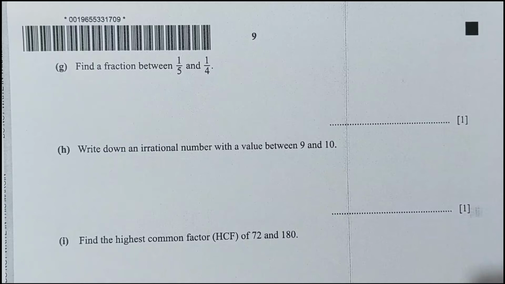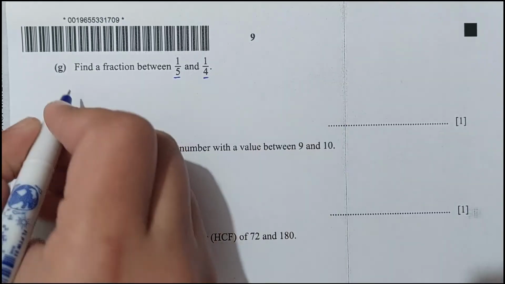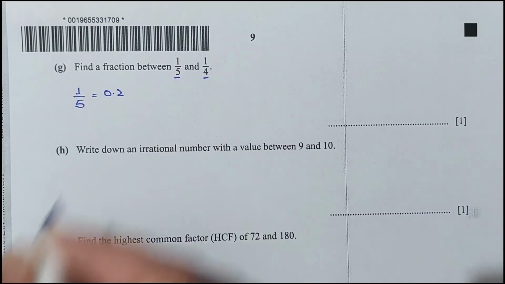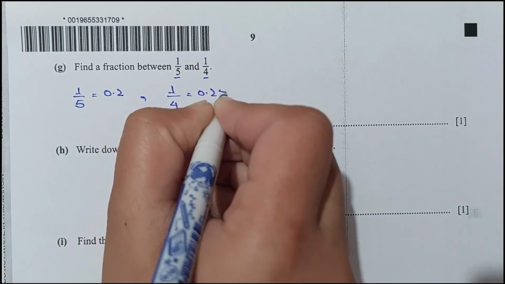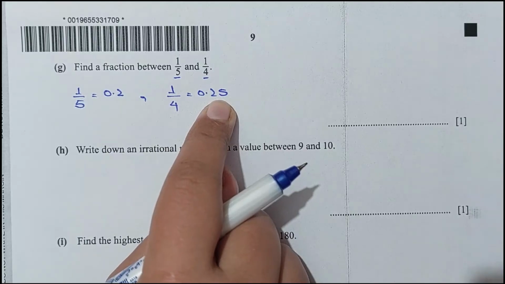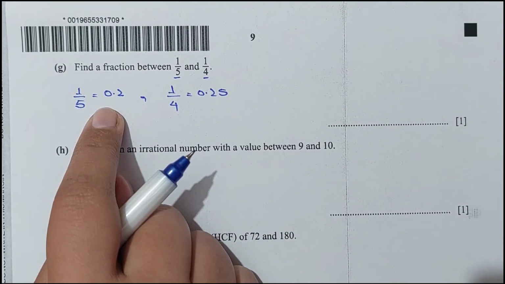Now for part G, find a fraction between 1 by 5 and 1 by 4. So what is 1 by 5? 1 by 5 is 0.2, and 1 by 4 is 0.25. So we have to find numbers between 0.2 and 0.25. It can be 0.21, 0.22, 0.23, 0.24.